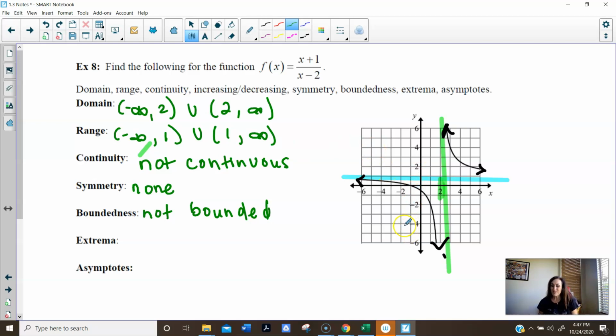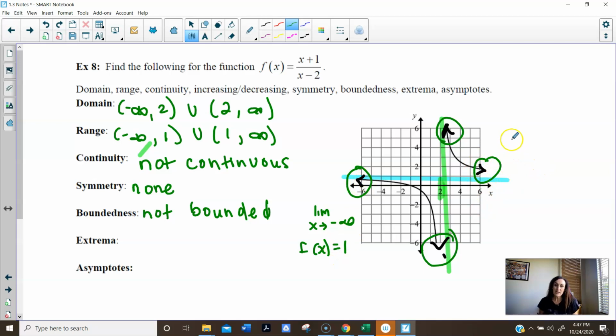Extrema is going to be these end values. So the extrema, this right here is moving left forever. So how we write the extrema is we write the limit as x approaches negative infinity, and then you would write f of x is moving towards 1, so it would equal 1.